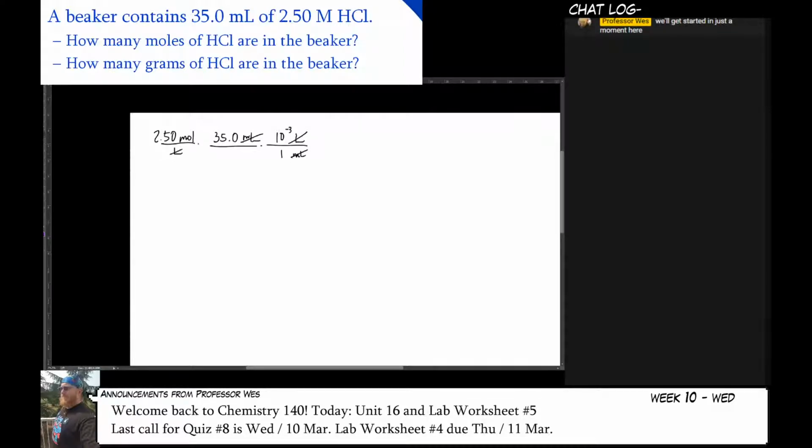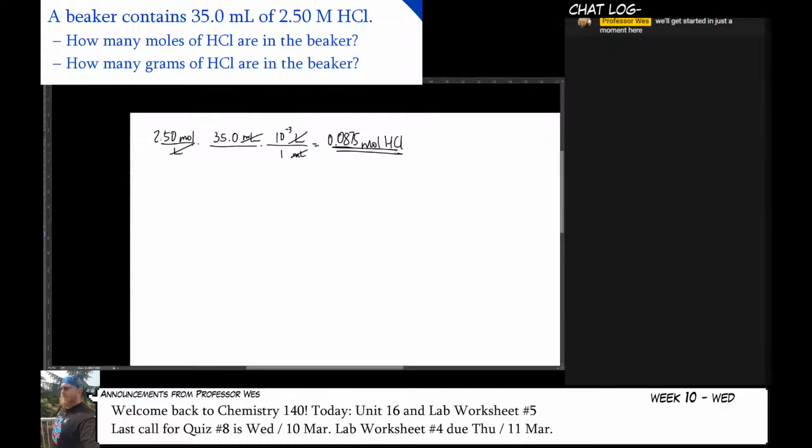So that now these units cancel out. I'm left with moles, and in this case, these are moles of HCl. And I get 0.0875 moles of HCl. There you go.